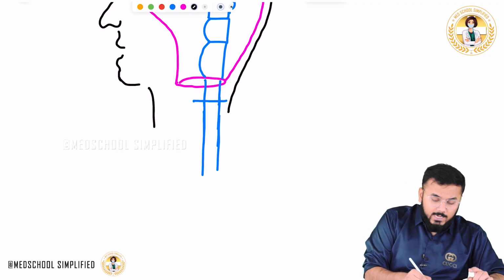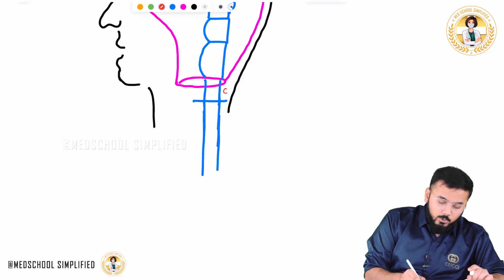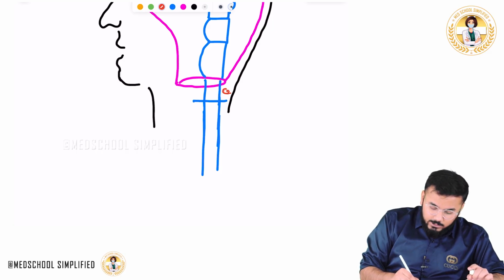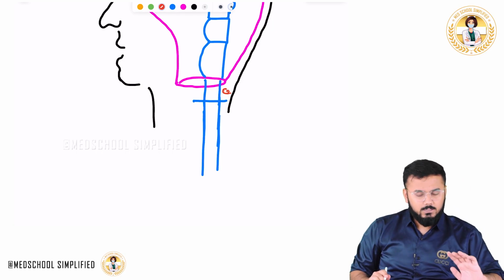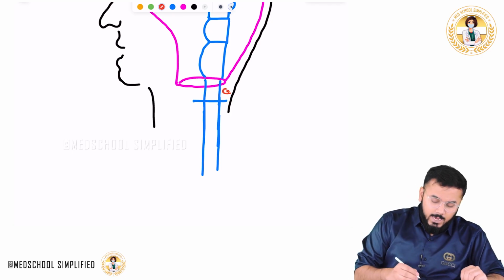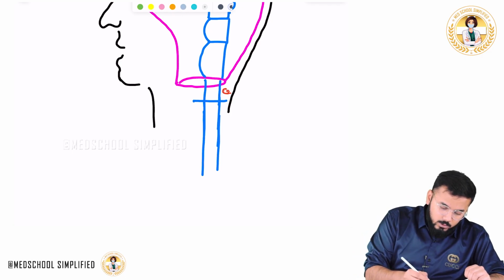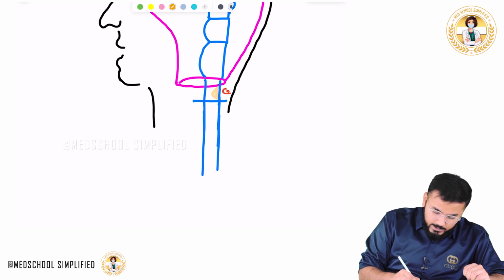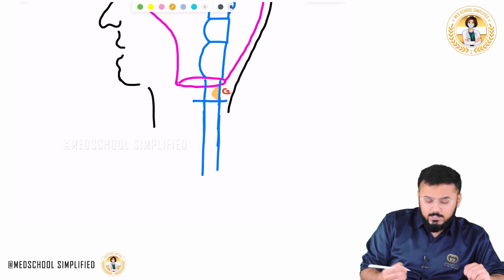Now exactly here, you have the C2 vertebra. Let us say I am also drawing one triangular area. Where is this triangular area?